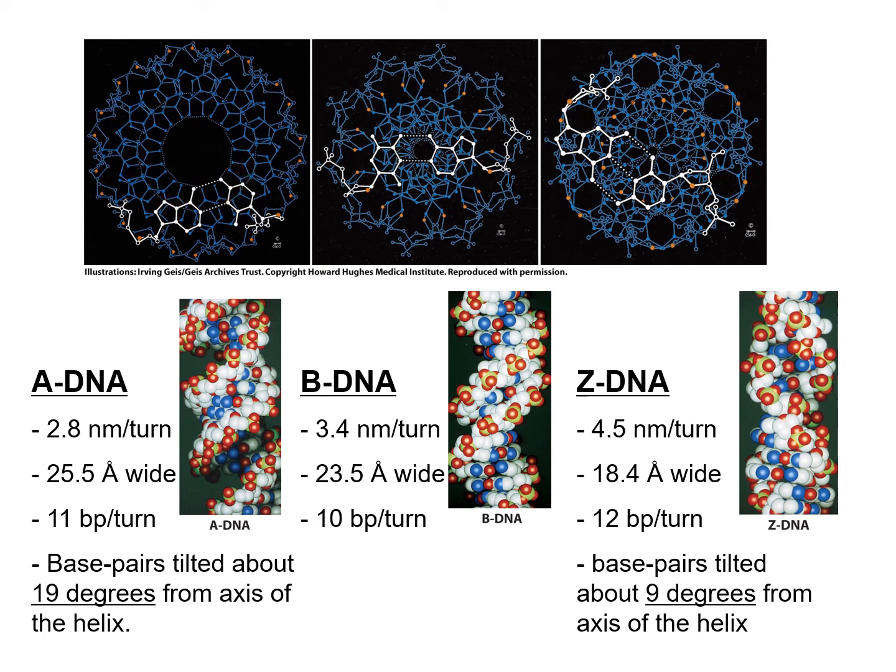As a result, these base pairs are a little pulled towards the backbone side, which leaves huge openings right in the middle of the double helix. And the Z-DNA also has base pairs tilted about 9 degrees from the axis of the helix. And also, it pushes the base pairs a little bit from the center.